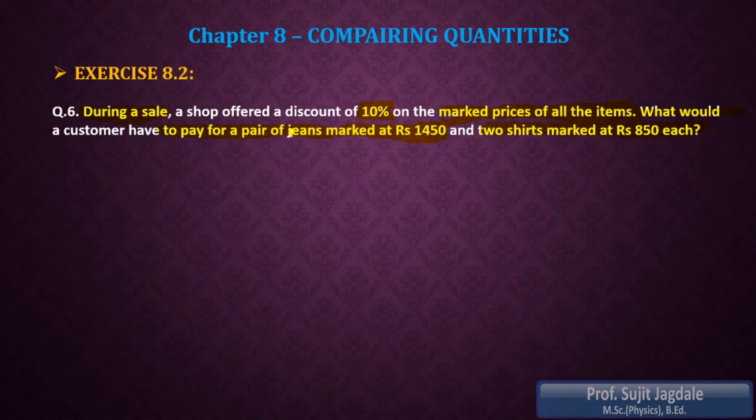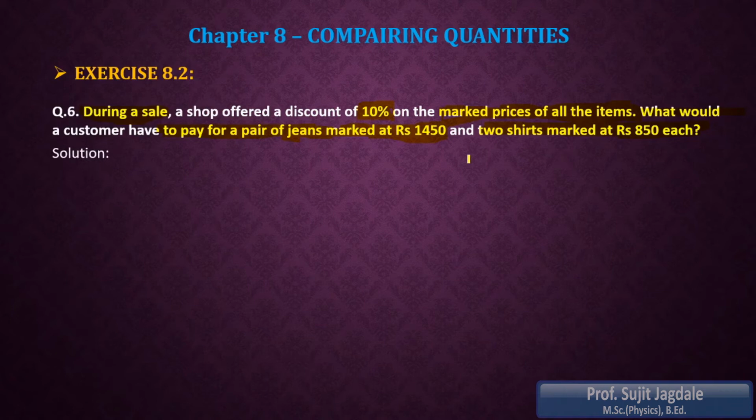See the word here, pair of jeans. That means the marked price for the pair is Rs 1450, not for a single jeans. And two shirts are marked at Rs 850 each, so you have to double it.